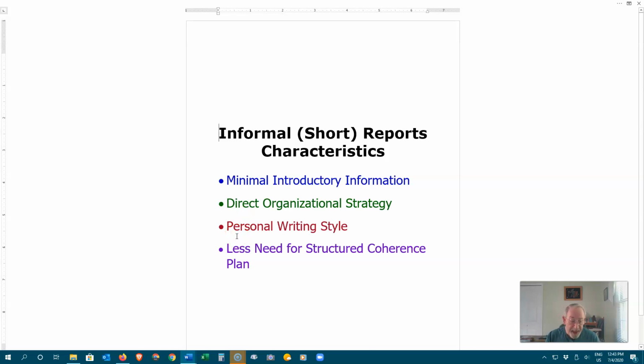They use a personal writing style because they are typically written in memo or letter format, or even email or pre-printed forms. And they have less need for a structured coherence plan. Not sure what that is? Don't worry, we'll discuss this more in Chapter 10.